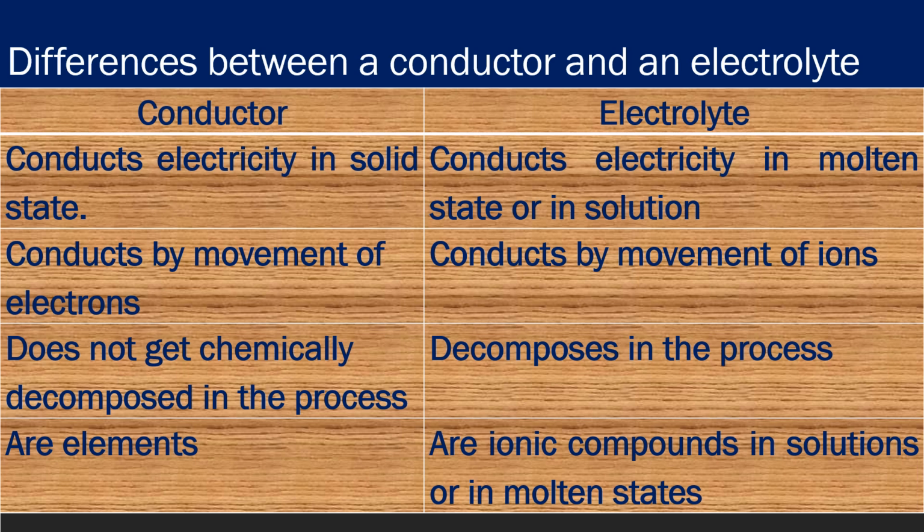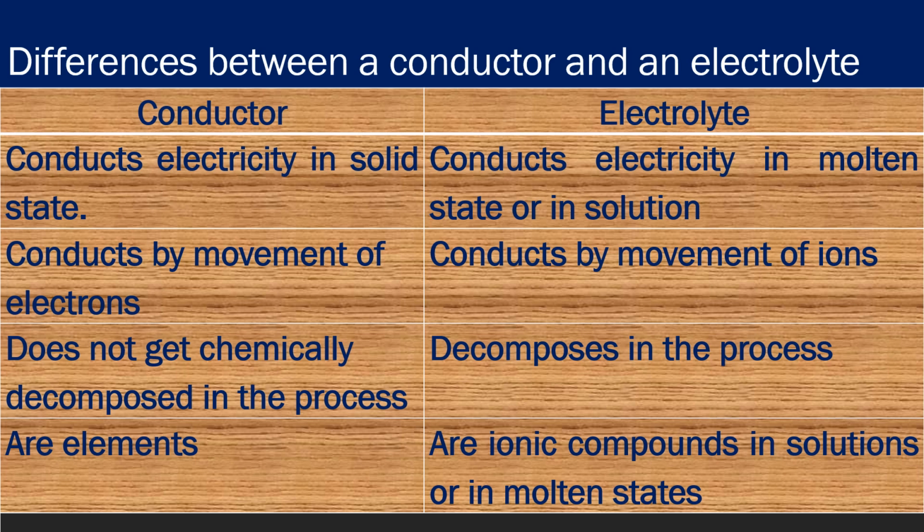The differences between a conductor and an electrolyte. The first difference between the two of them is that conductors conduct electricity in solid state, while electrolytes conduct electricity in molten state or in solution. The second one is that conductors conduct by the movement of electrons, while electrolytes conduct by the movement of ions.